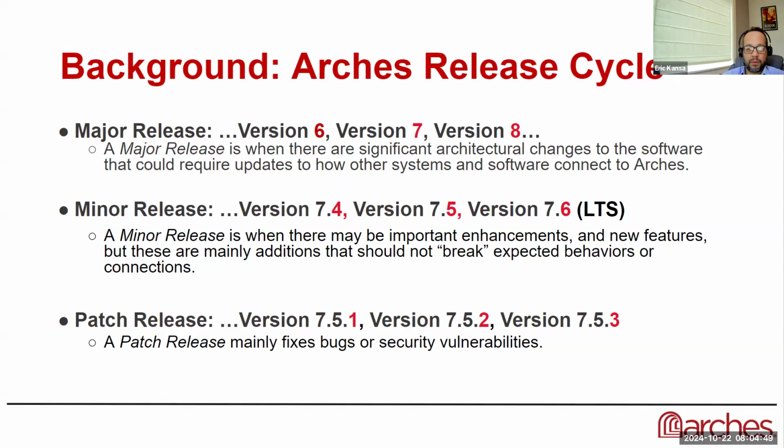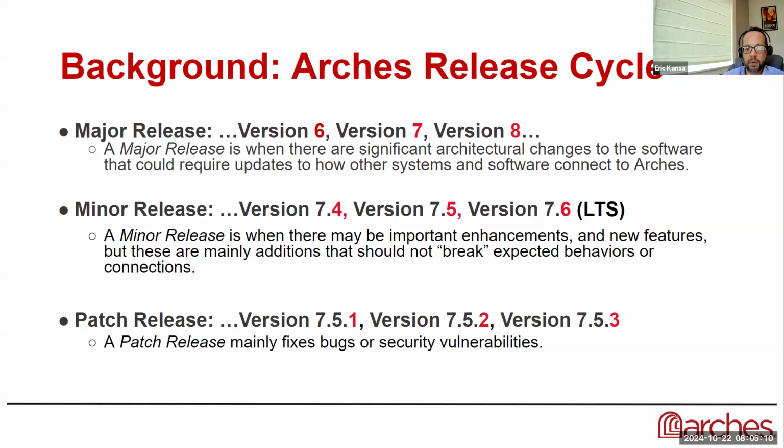So you're probably familiar with the major, minor, and patch releases, but just to remind everybody, there are different levels of scope and significance of changes when software gets released, including the Arches software.